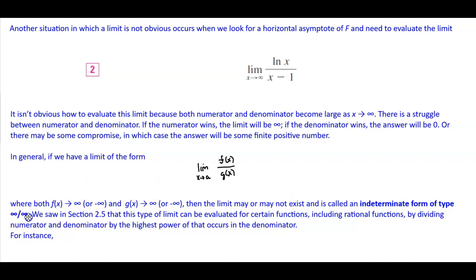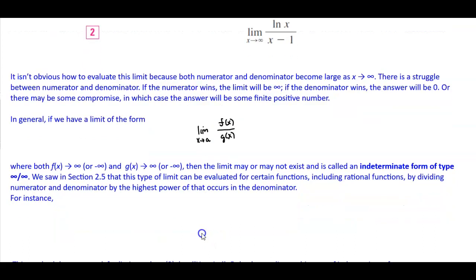We saw this in section 2.5. That is the type of limit that can be evaluated for certain functions, including rational functions, by dividing the numerator and denominator by the highest power of x that occurs in the denominator.